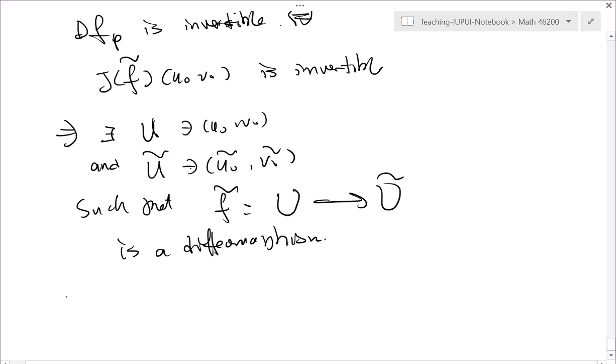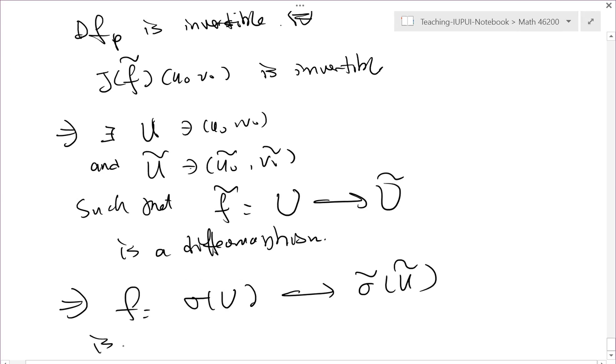Then this implies F on σ(U tilde) is a diffeomorphism. And this is the idea.